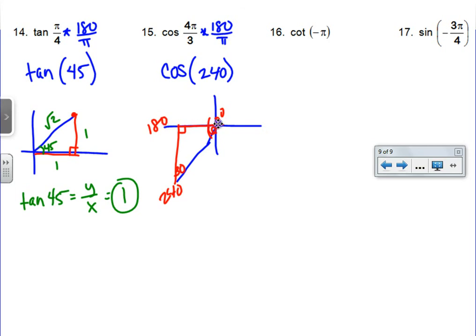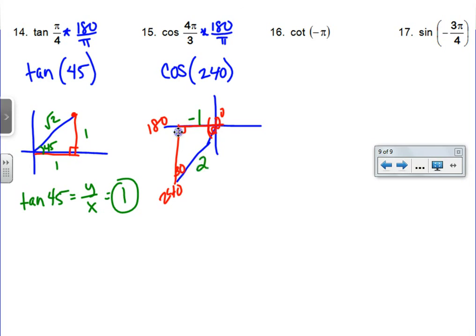What would you like to call the little leg? 1. Why not? And because we traveled to the left, can we go ahead and call it a negative 1? I know legs aren't normally negative, but I'm just saving us some issues later. The hypotenuse should be twice the size of the little leg, but he's going to be a positive number because he's always positive.